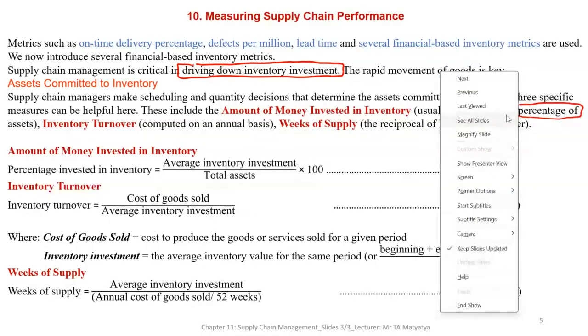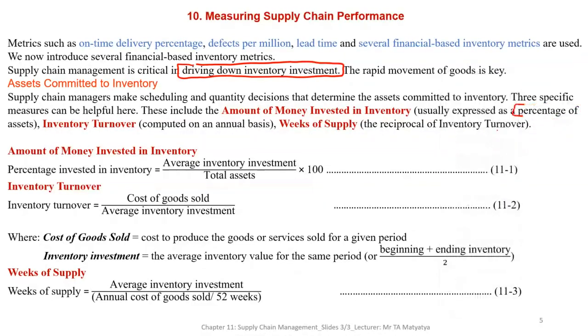How much of the total assets are we investing in inventory? Then inventory turnover computed on an annual basis, and weeks of supply, which is the reciprocal of inventory turnover.